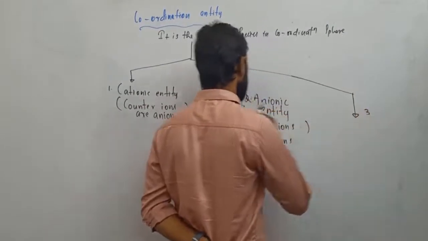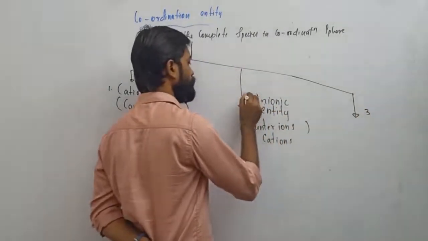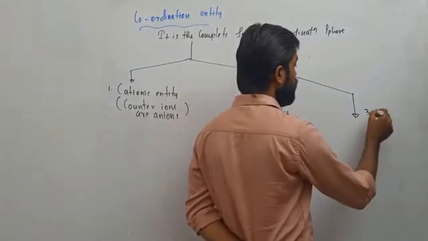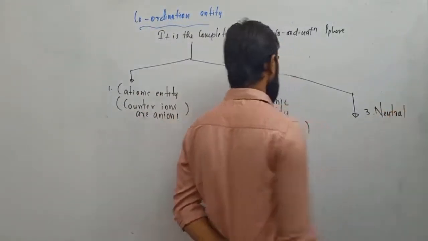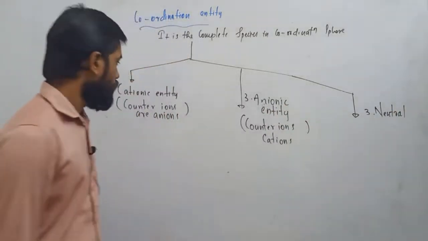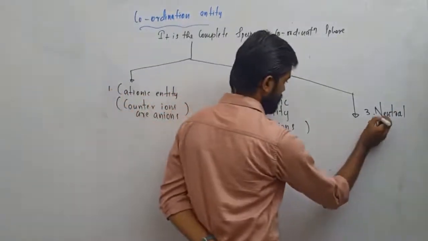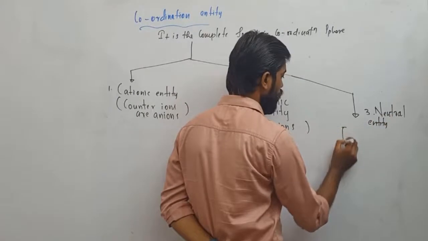And if we have a neutral entity, one more entity, then what is the difference? No counterion.